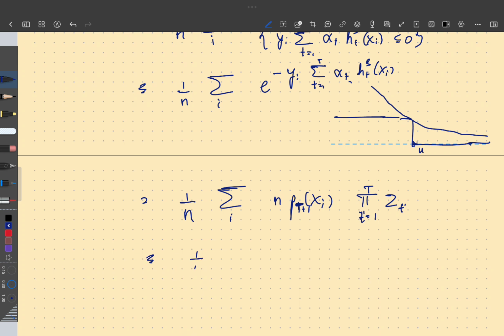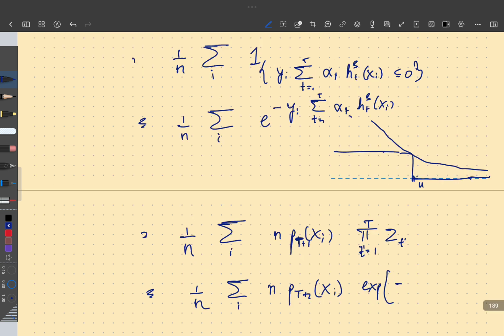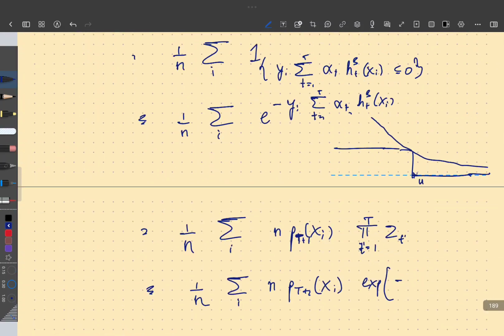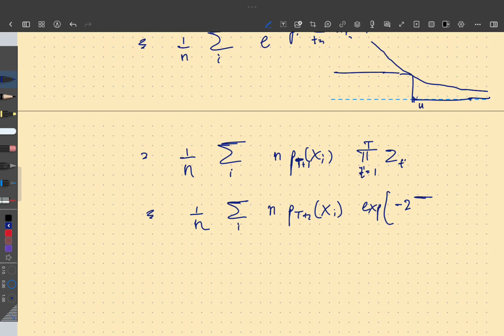So this is less than or equal to 1 over n summation over all i n times pt plus 1 of xi times e to the power minus, what was it, 2 times summation t equal to 1 to capital T of half minus epsilon t square.